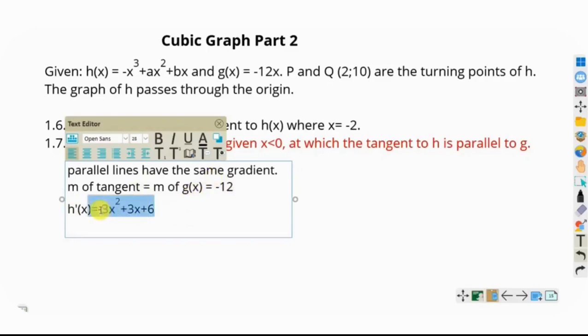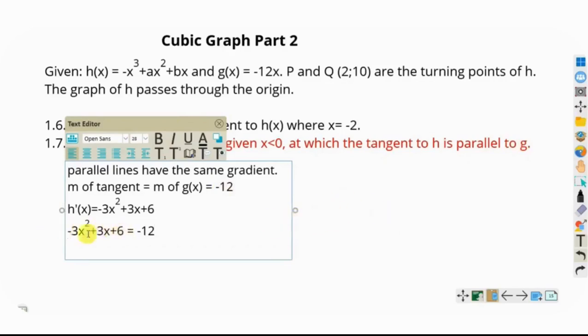I already know the gradient of the tangent. It is parallel to the graph of g, so I'll say negative 12.